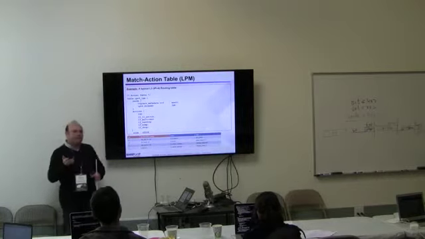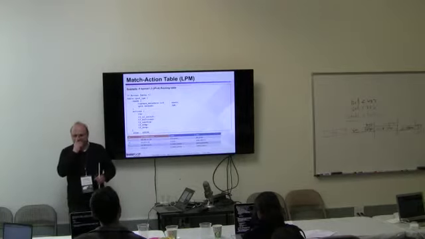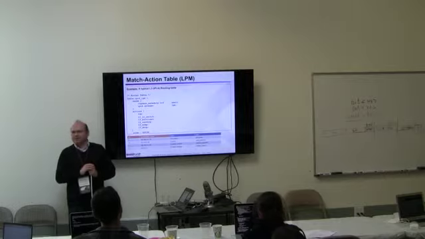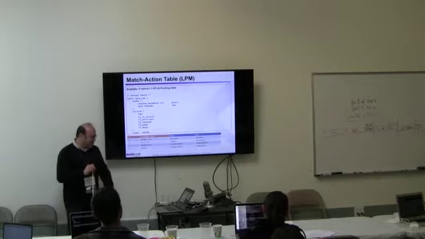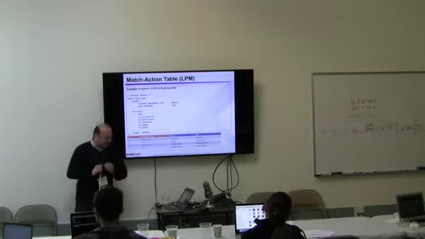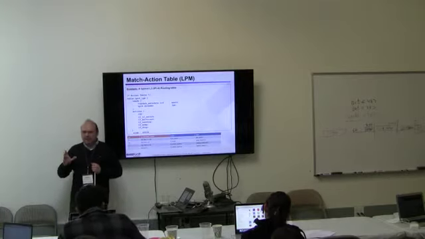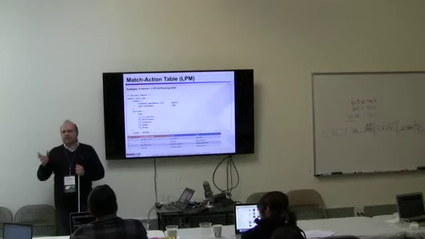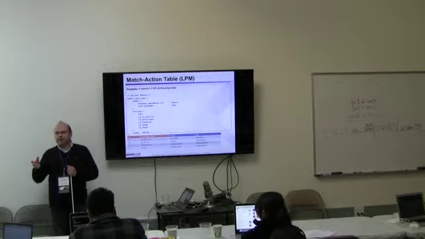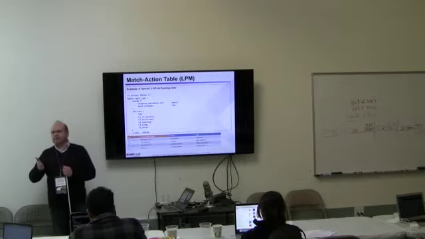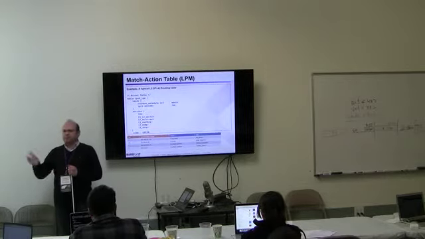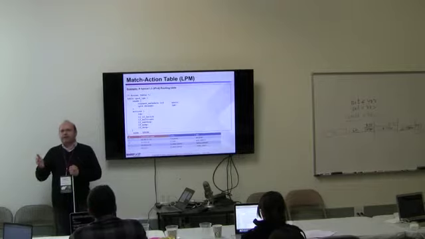Now, I thought there was a question before about what to do when there are fields with different matching. LPM is a little bit special. The spec explicitly prohibits you from having more than one LPM field. And the implementation can vary a lot.